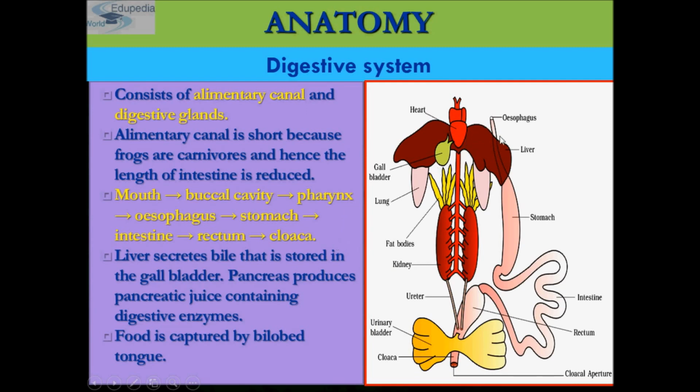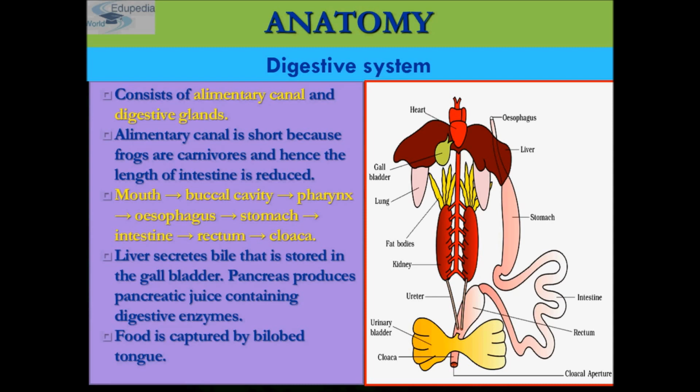See, this is the esophagus. These are the lungs, gallbladder, this is the stomach, these are the intestines, this is the rectum, and this is finally the cloacal aperture. The liver secretes bile that is stored in the gallbladder. The pancreas produces pancreatic juice that contains digestive enzymes.